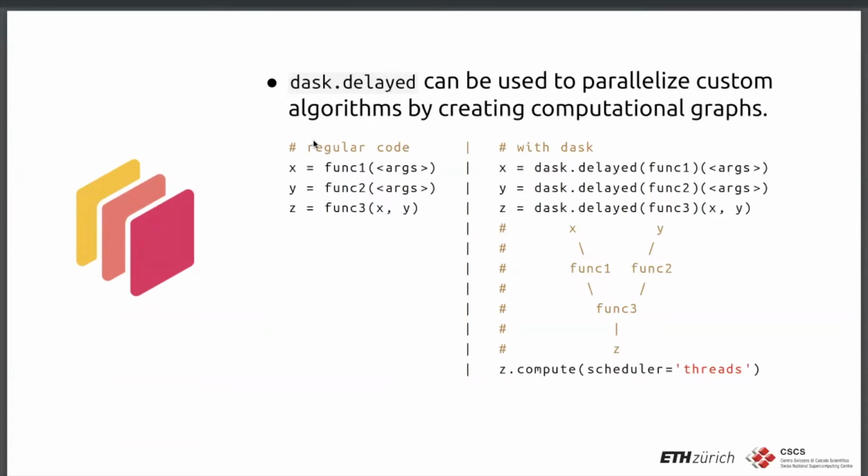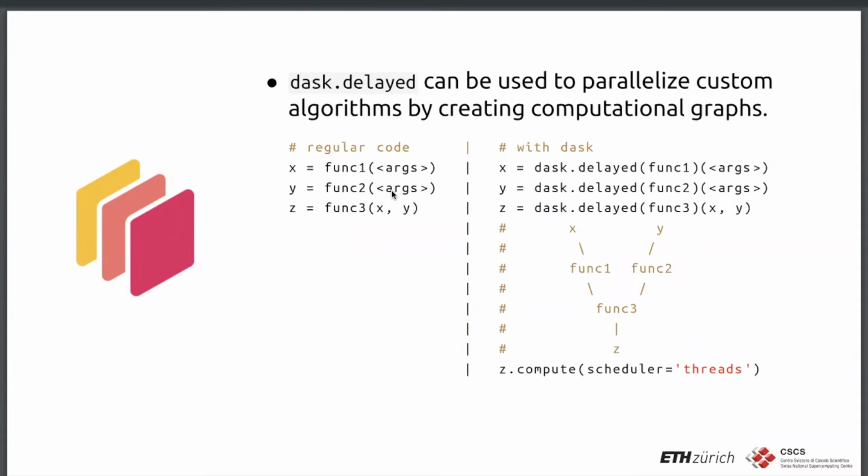Let's say on this side, regular Python code, you have these three functions, and you want x, which is a function of some argument, y, which is a function of another argument, and z, which is a function that depends on x and y. If we run this in normal Python code, this line will run, this line will run, and then at the end, this one will run. So the runtime is going to be the sum of all these runtimes. With Dask, we do something different. We don't run by lines anymore.